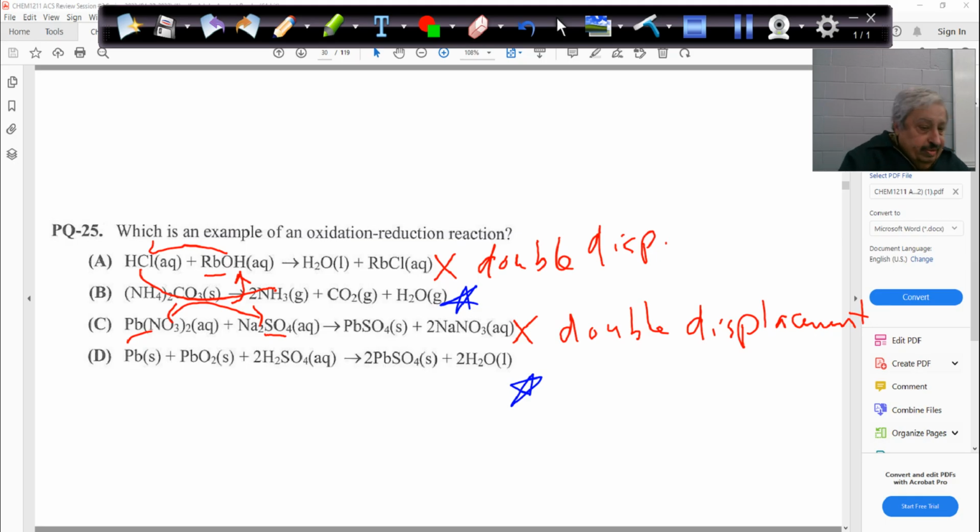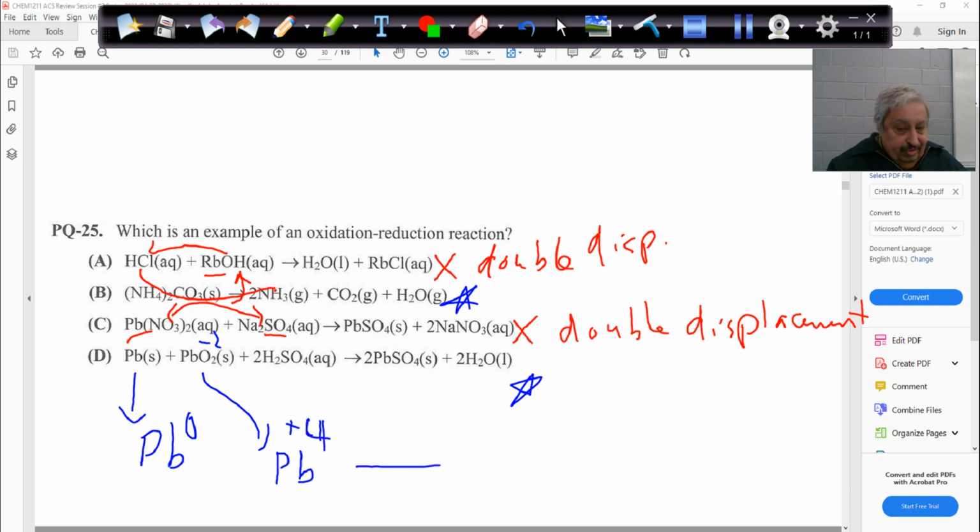How about this one here? The lead is 0, correct? And here, oxygen is minus 2, two times minus 2 is minus 4, so the other is plus 4. The sulfate is minus 2, so the lead is plus 2. So this is an oxidation reduction equation.